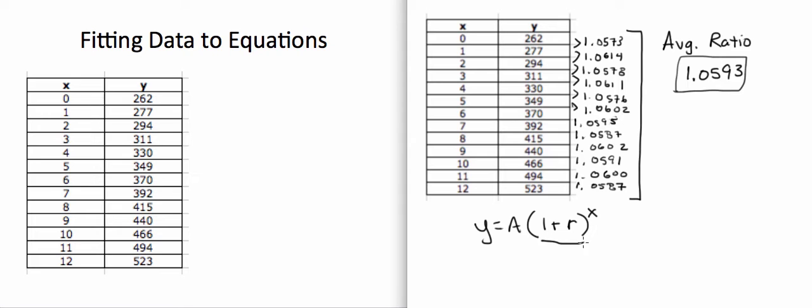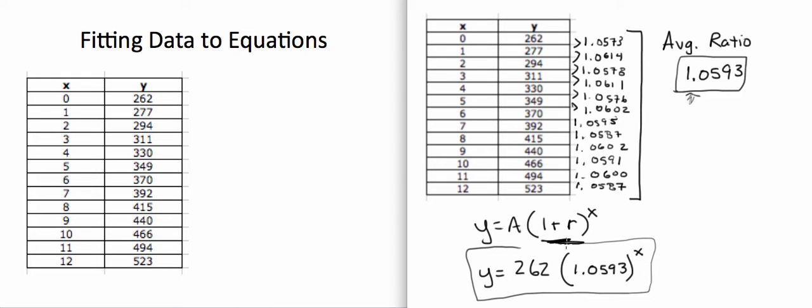Our a value is our starting value. So I'm going to have y is equal to 262, and in my parentheses 1.0593, raised to the x power. Okay, this would be an acceptable answer for what we've got.